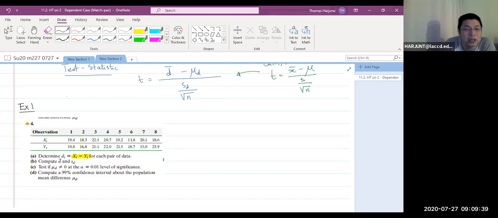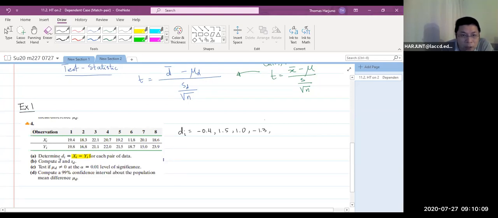So our d's here will be x1 minus y1, x2 minus y2, and so on. The first one is negative 0.4. The second one is 1.5. The third one is 1.0. The fourth one is negative 1.3.